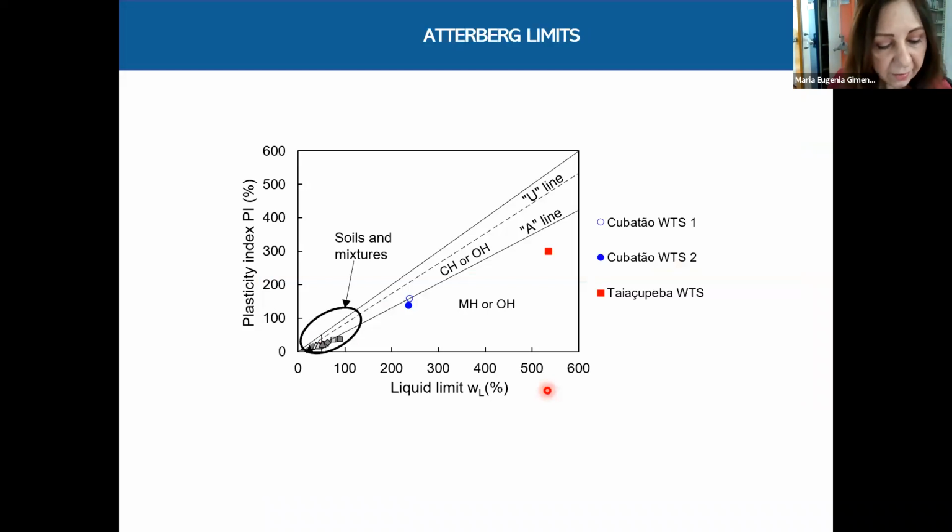Both sludges fell below the A line in Casagrande's chart, indicating that the solids of these particular sludges are non-plastic. Tropical soils usually fall around the A line, and so did the soil-sludge mixtures.